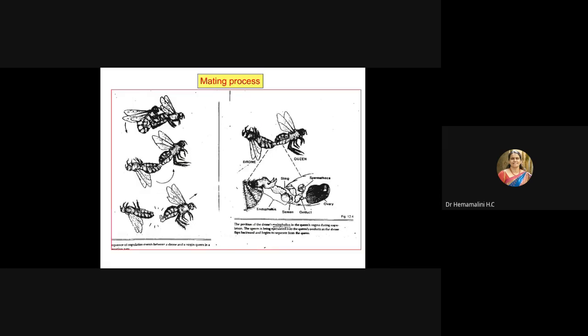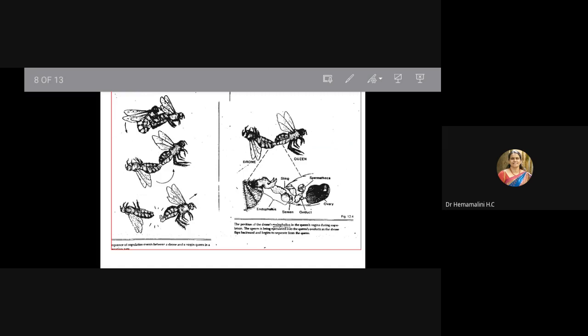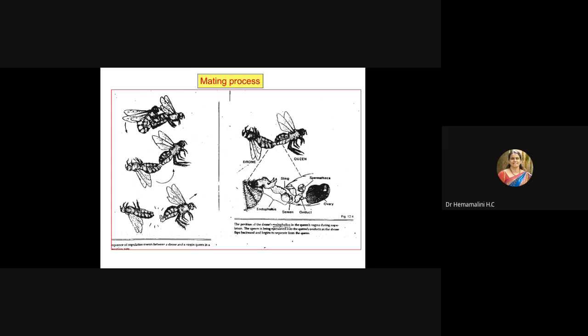Whichever drone is able to fly more will be selected by the queen, and mating takes place in the air.